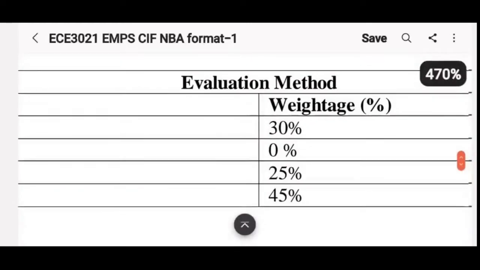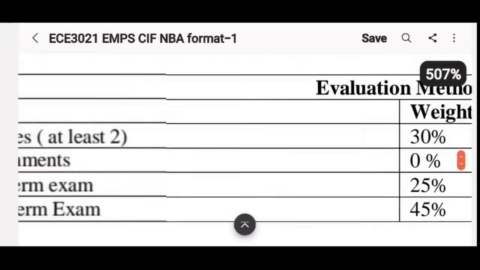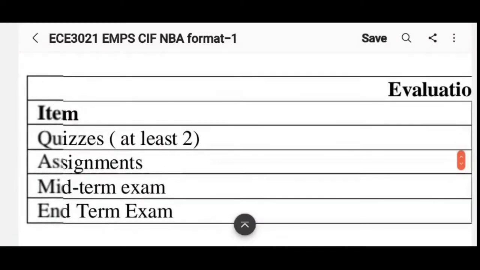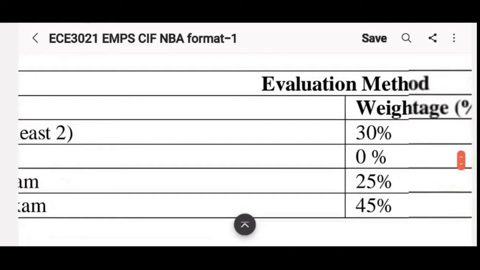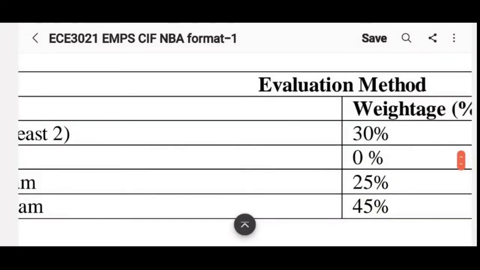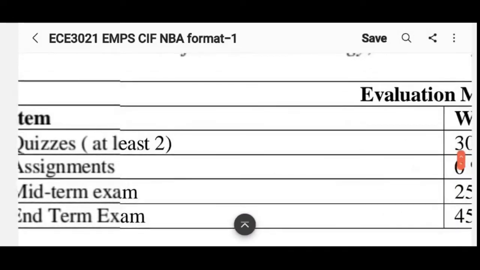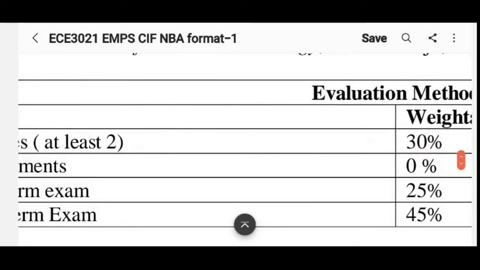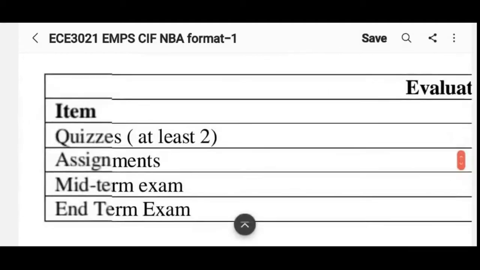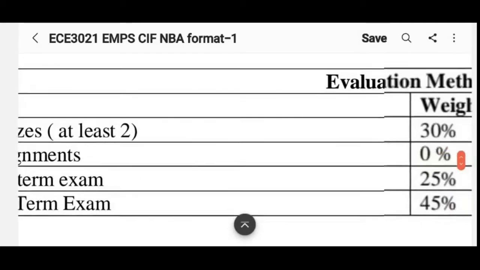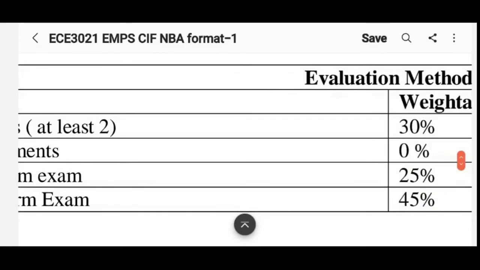The grading scheme is shown here. The quizzes will have 30% weightage. Assignments will be given, but you don't have to submit them.